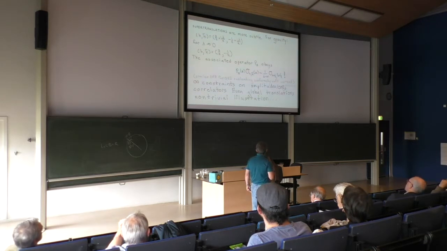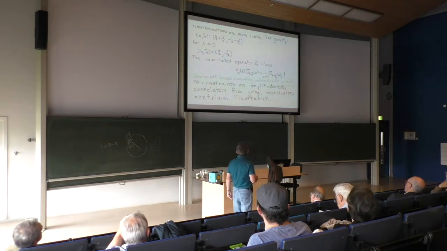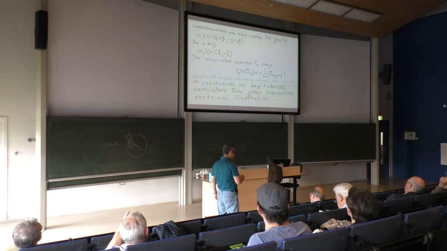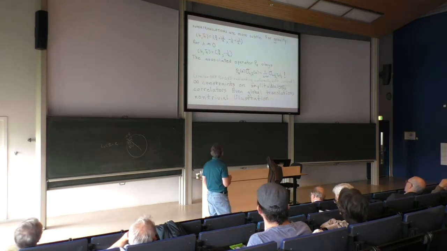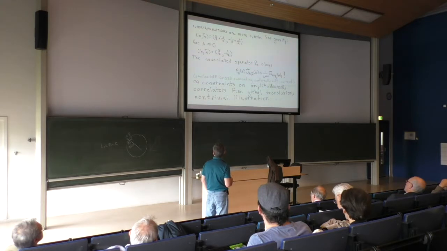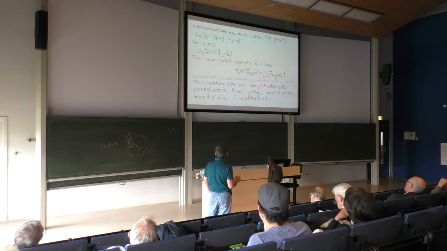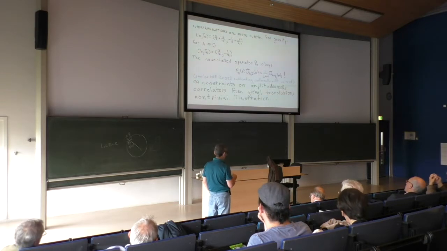Now let's look at the supertranslations in gravity, and that's where something very interesting happens. So the supertranslation in gravity, we have an operator for which the boost weights, that is this B plus IR, and the B minus IR, it has spin 2, so they're not complex conjugates of one another.